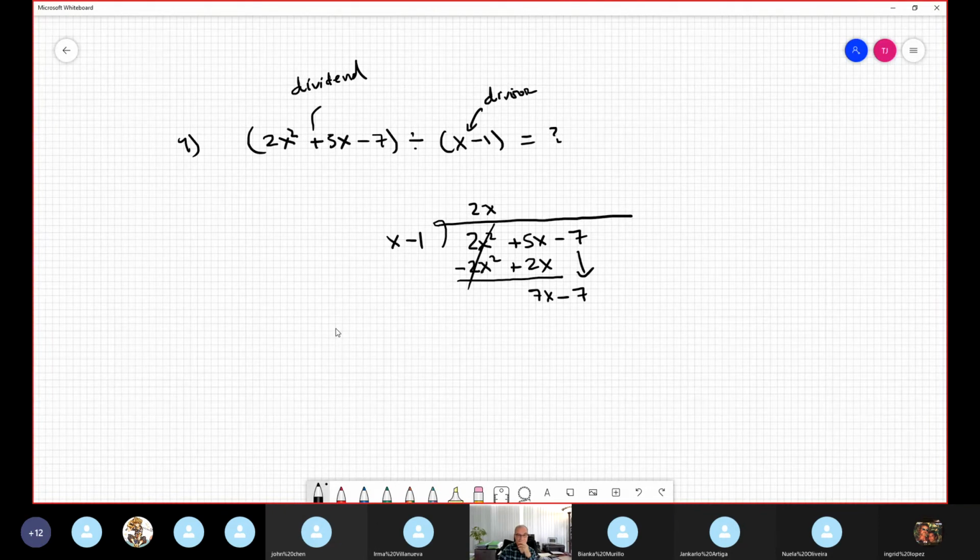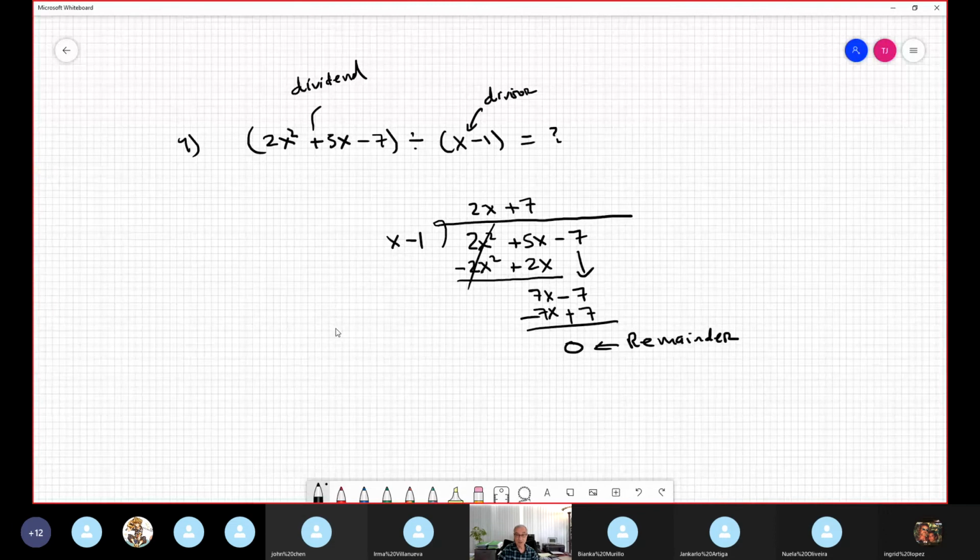Plus 7, because when you multiply 7 times x it is 7x, and when you multiply 7 times negative 1 it is minus 7. By subtracting, you change the sign, and the answer is 0. So the remainder is 0. That means the answer is an exact division, and the result is just the quotient. The quotient is 2x plus 7.